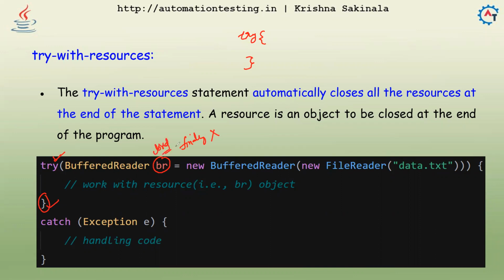Everything will be closed. That is automatic. There is no need to do it explicitly or manually using a finally block. The finally block is not needed now with the help of this syntax, try with resources.